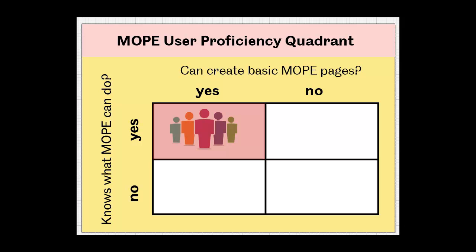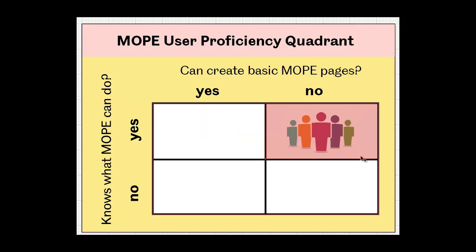More recently, people seem to be in this quadrant, which is not so bad, and that is they don't really know how to use MOPE, so they may be new to this, but they've maybe done some DL before, and they've certainly got a good idea of what they want to do.